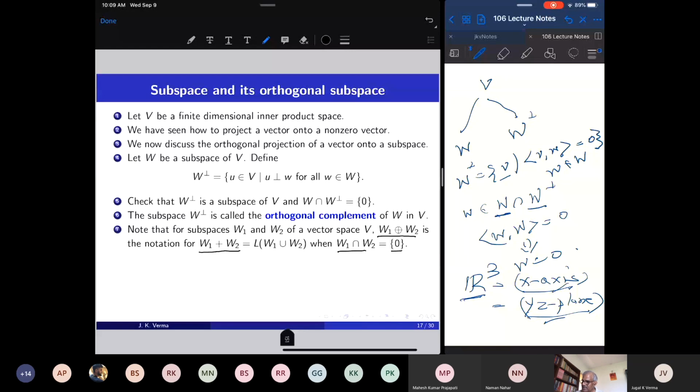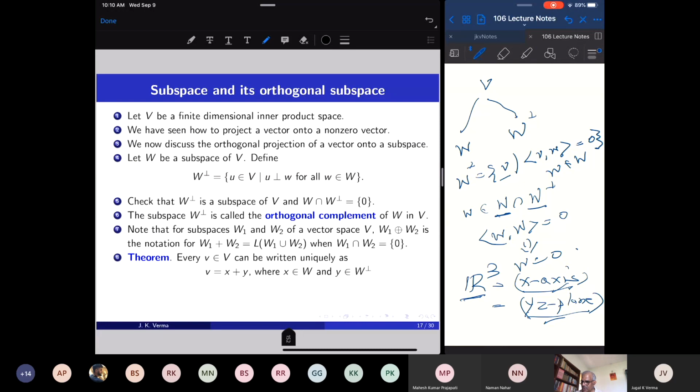But the intersection of the x-axis and the YZ plane is only the zero vector. So we say R3 is the direct sum of the x-axis and the YZ plane. This is now generalized to arbitrary subspaces. Whenever two subspaces are such that their intersection is 0 and their sum is the whole space, we say that V is the direct sum of W1 and W2.